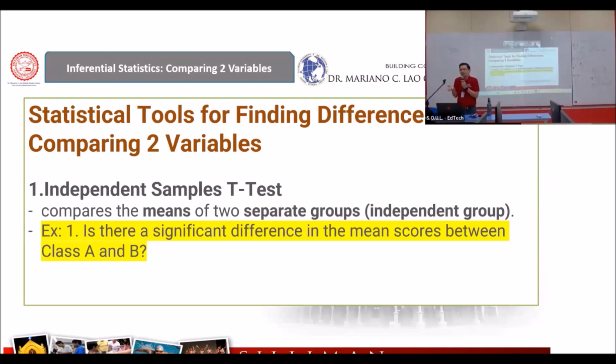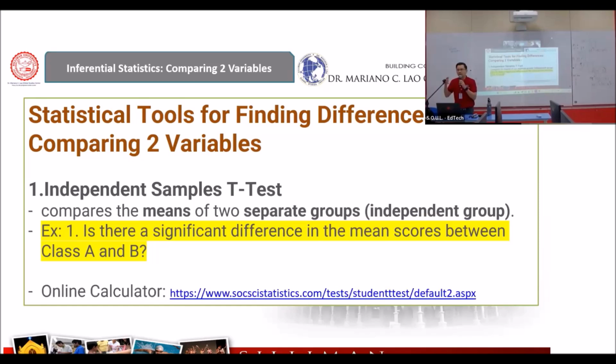For another example, in my example a while ago, is there a difference in the level of understanding between my in-person participants now and my online participant students? That's the t-test. Yes? Okay.